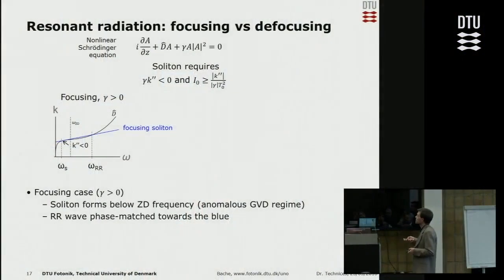So in the focusing case, this happens. This is where gamma is positive, and then we need to pump below the zero dispersion wave frequency here, and then we can phase match towards the blue. So the focusing soliton will always couple into the blue, to shorter wavelengths.